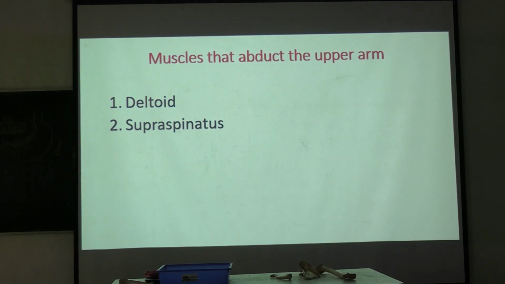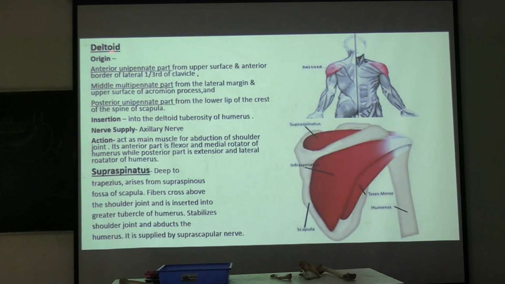Next, the muscles attached to the scapula and their functions. First is the deltoid muscle and supraspinatus. The deltoid muscle has three types of fibers, forming the rounded contour of the shoulder.